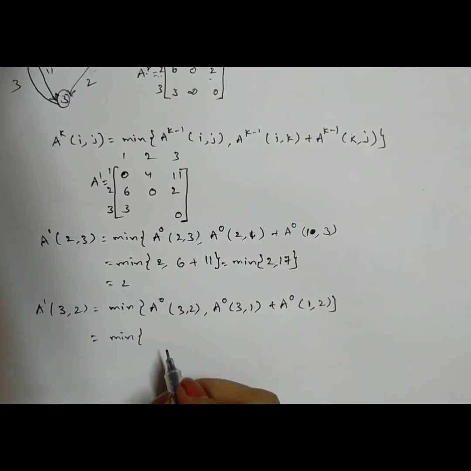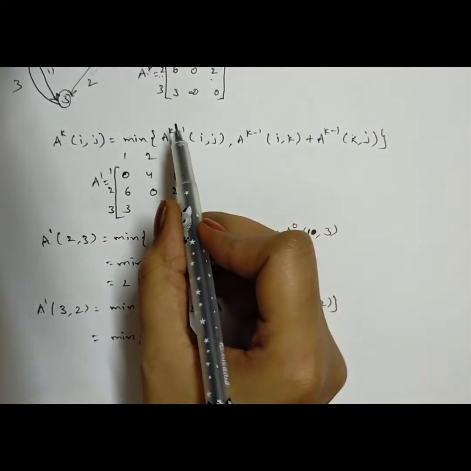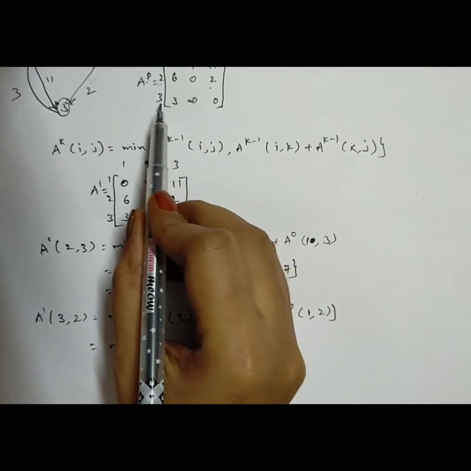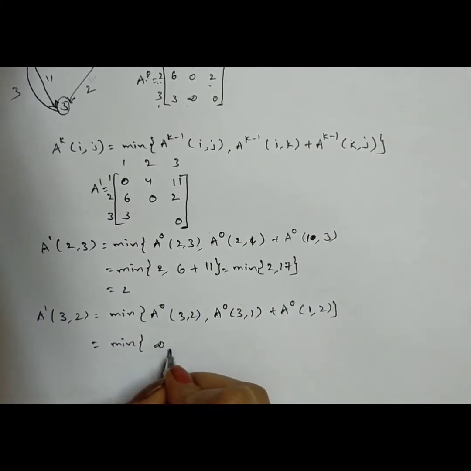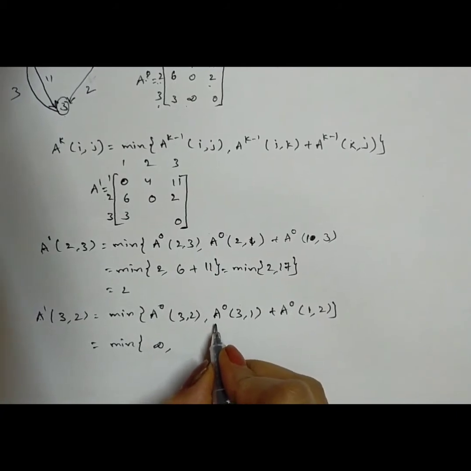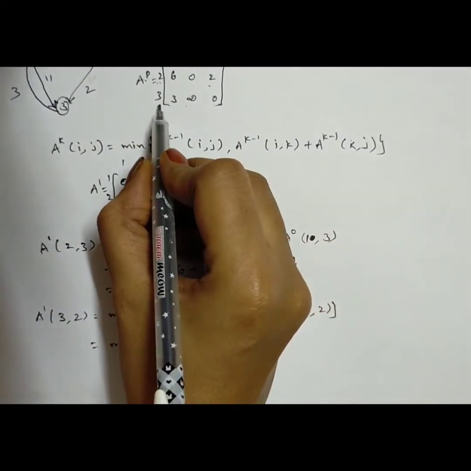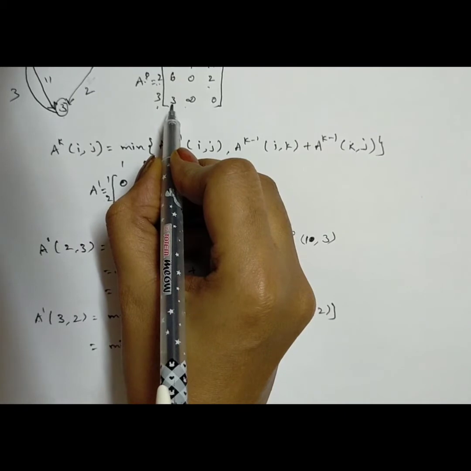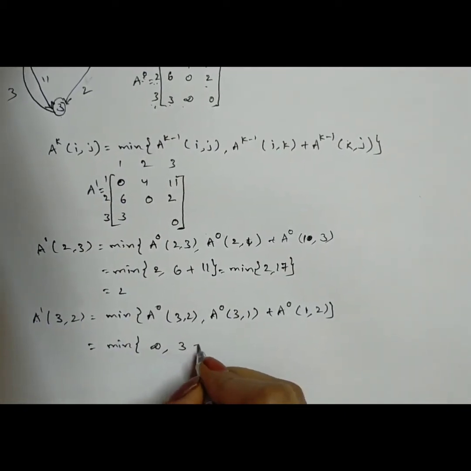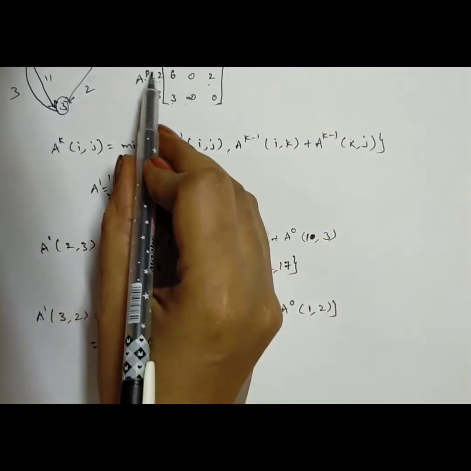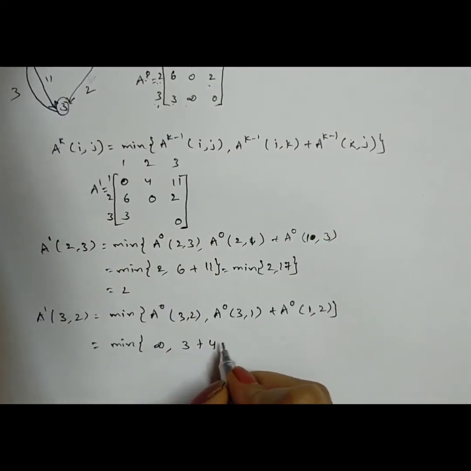Minimum of a0 of (3, 2) means (3, 2) value is infinity, comma a0 of (3, 1): (3, 1) value is 3 plus a0 of (1, 2) is 4.